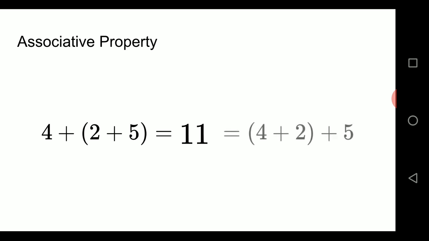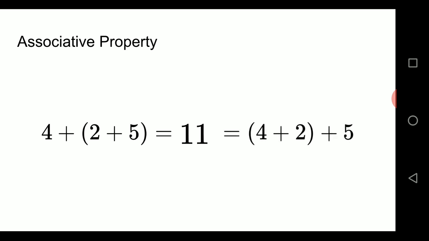Let's go ahead and see another one. This is called associative property. Suppose I have three numbers and I group two of them like this: 4 plus, then I group 2 and 5. The result would be 11. If I group them in a different way, is that going to change the result? Let's find out.